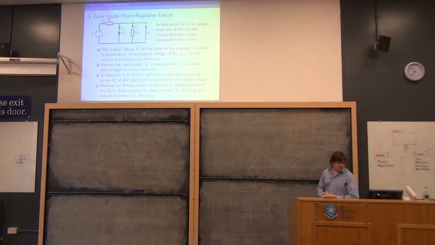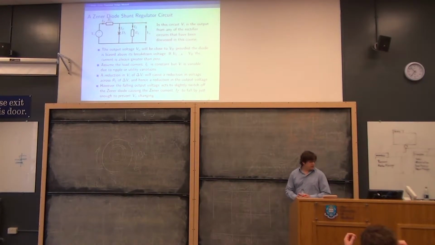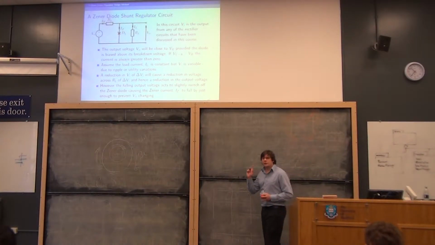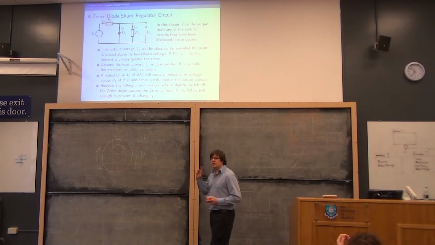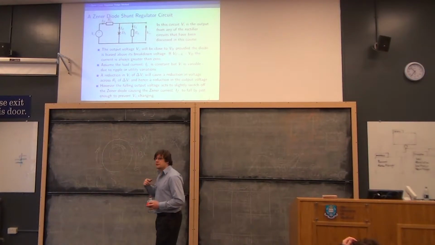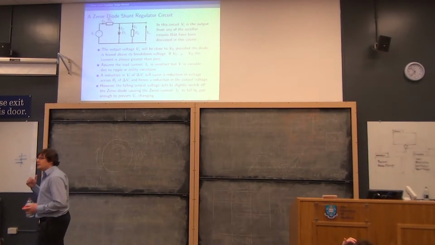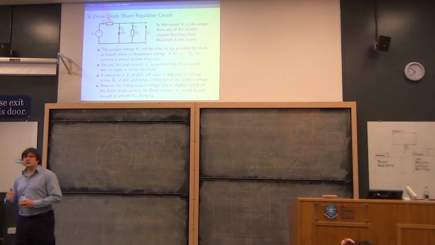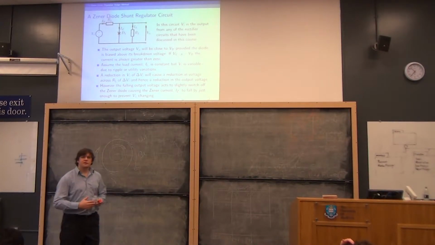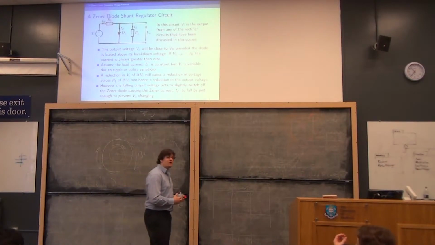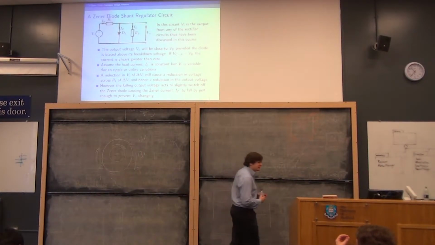But this is what the regulator circuit looks like. Now the RL in this diagram is the same RL that we've had in all of the power supply circuits up to now. So actually, there's only two new components, and one of them is a resistor. And I hope you feel fond of resistors by now, or at the very least, they're not too frightening.